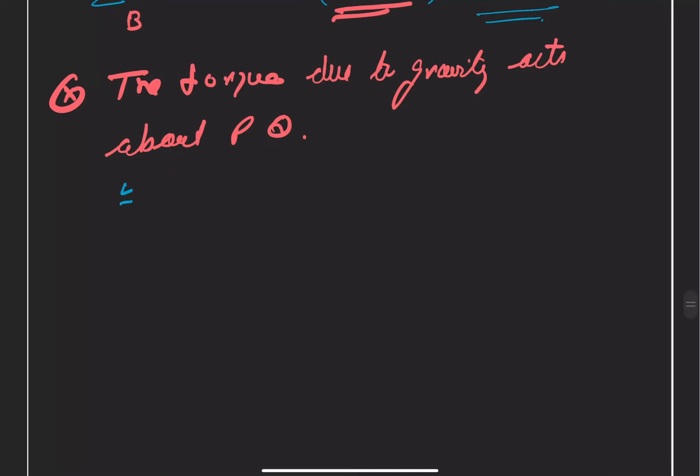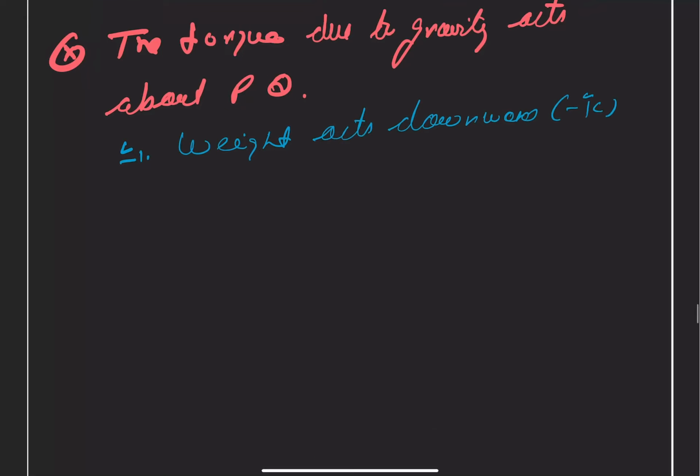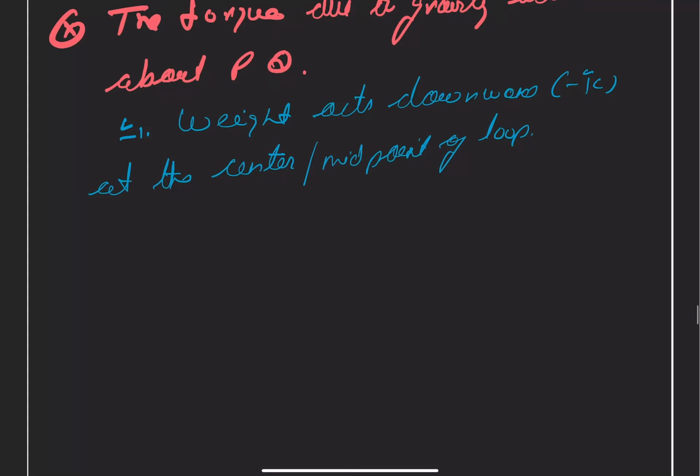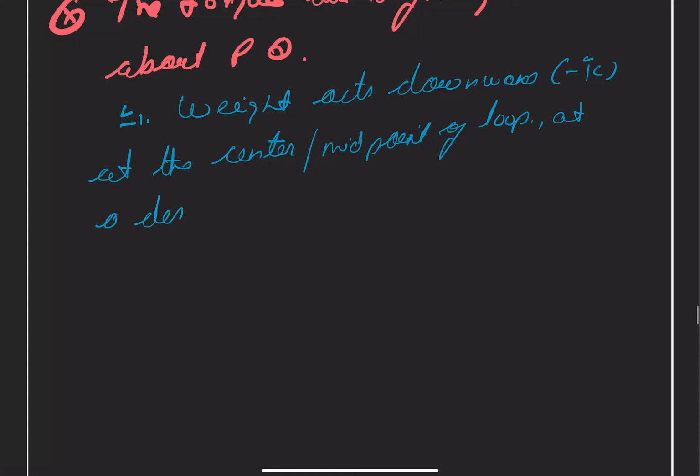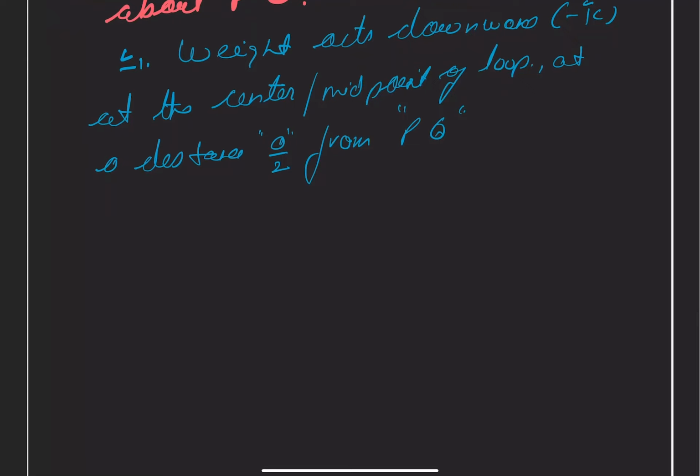Therefore our weight acts downward, that is along the minus k unit vector, at the center of mass, or we can say the midpoint of the loop, and that will be at a distance of a by 2 from PQ.